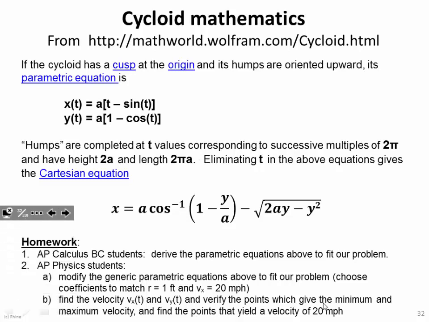Let me move this out of the way, just in case anybody wants to see the math behind it. This is pretty interesting math. I just cut and pasted this from a source up there. X is a function of time, Y is a function of time. You could actually toss this in your calculator. I showed my period 4 class how to use the parametric mode on their calculators.